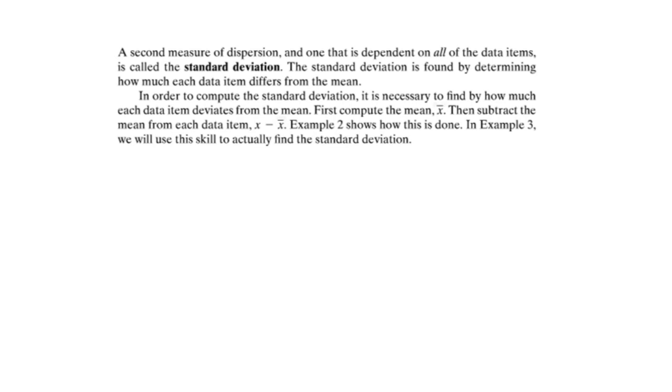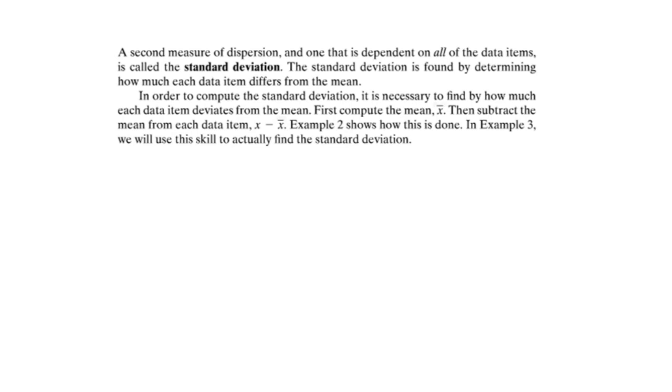Another way to measure dispersion is by finding the standard deviation of a data set. The nice thing about standard deviation is that it depends on all the data items given. You're going to use every value that you have collected, whereas the range only used 2 values, the highest value and the smallest value.